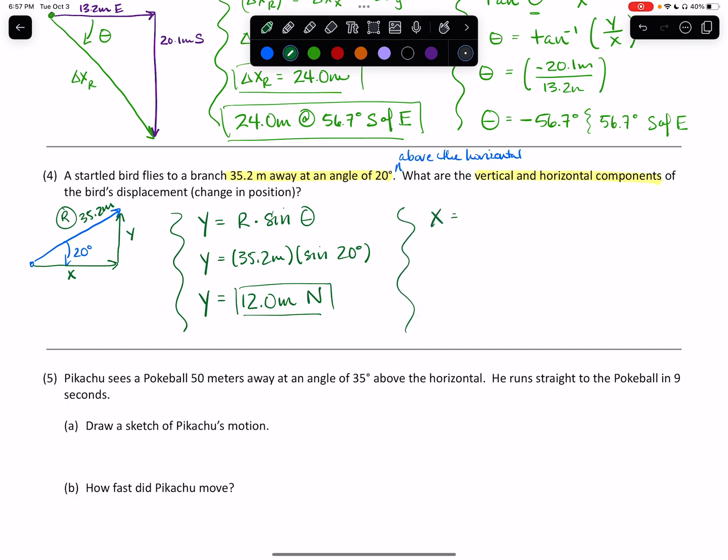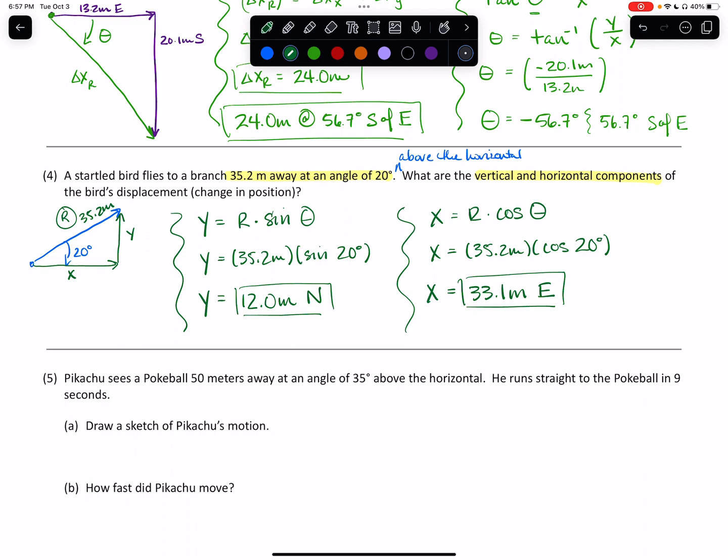For our x component, it's the resultant times the cosine of our angle. So x is equal to 35.2 meters times the cosine of 20 degrees. Plug that into our calculator, and we get a value of 33.1 meters, and this is going to be due east.